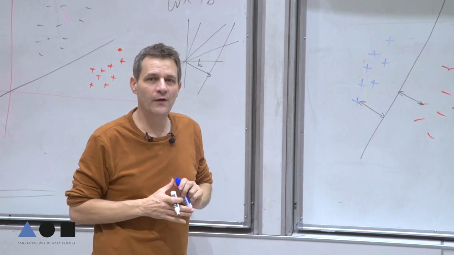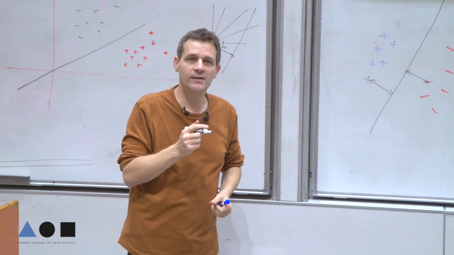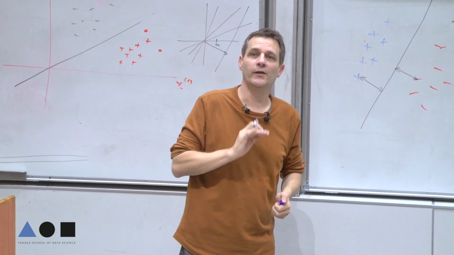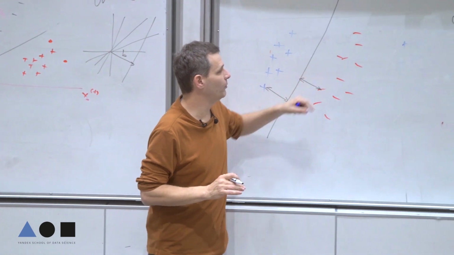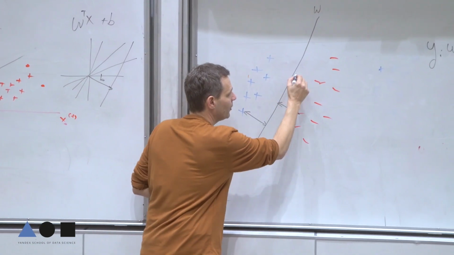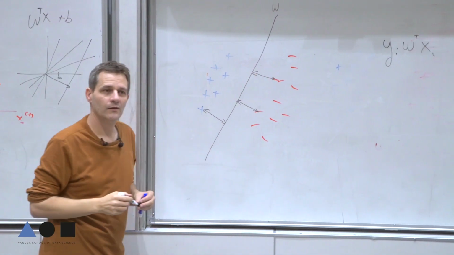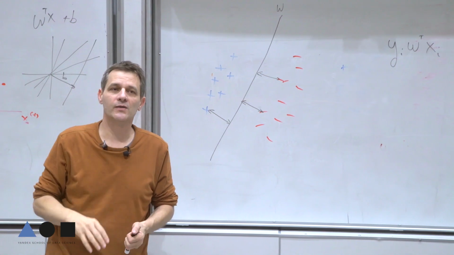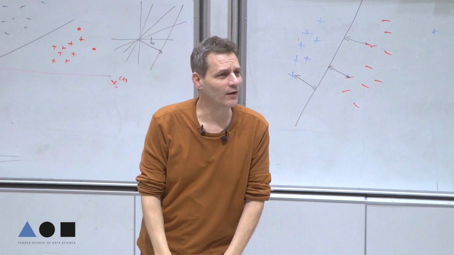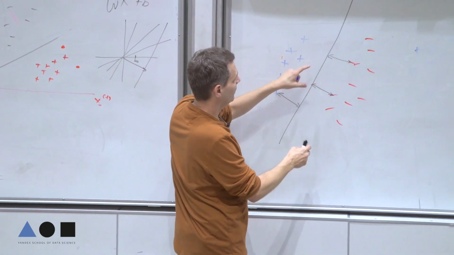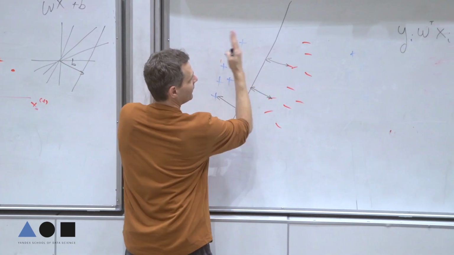But the margin is defined by the closest point. We're not going to care about the distances to all the points, just the ones closest to the separating hyperplane. Usually there's more than one, because if there's just one, then it could wiggle.